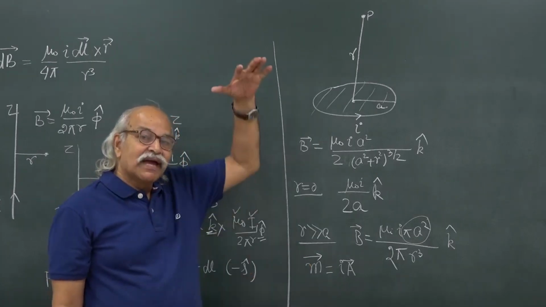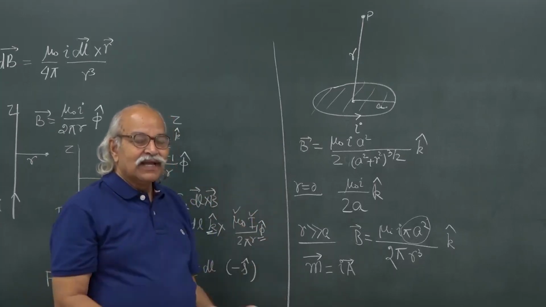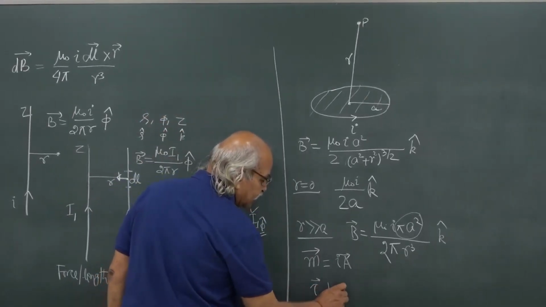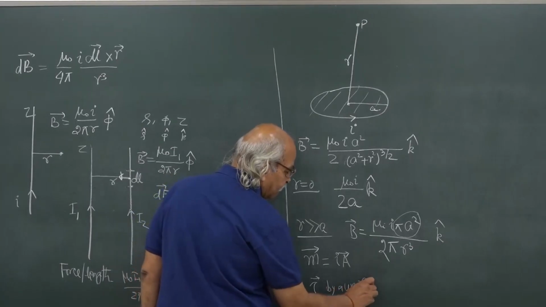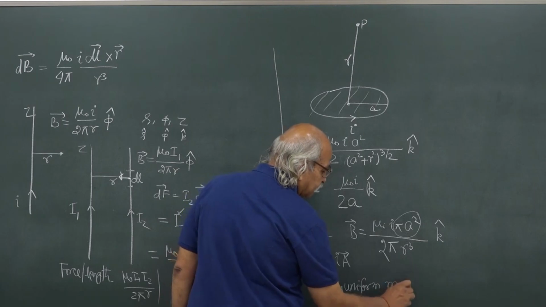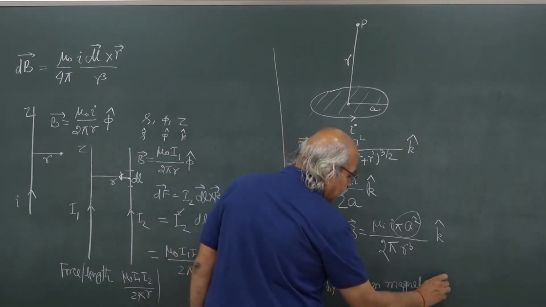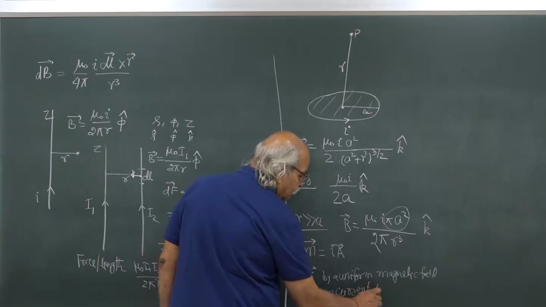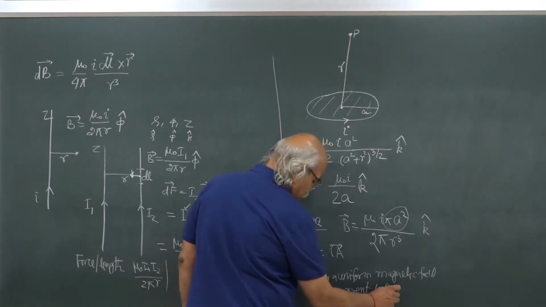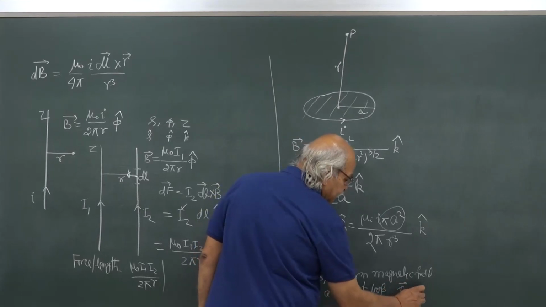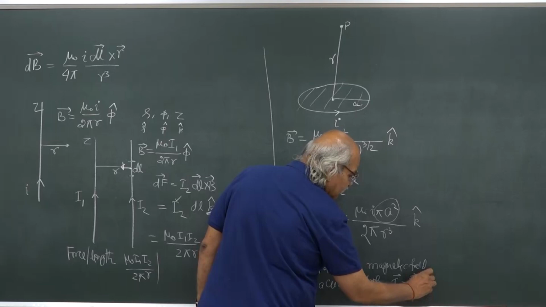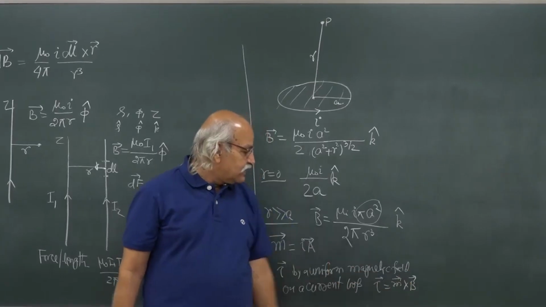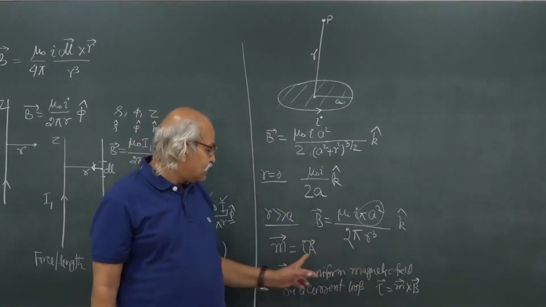If you have a current loop in a uniform magnetic field, then the torque by a uniform magnetic field on a current loop is equal to m cross B. This is the magnetic dipole moment, and this is the magnetic field, and magnetic dipole moment is defined as I times area.